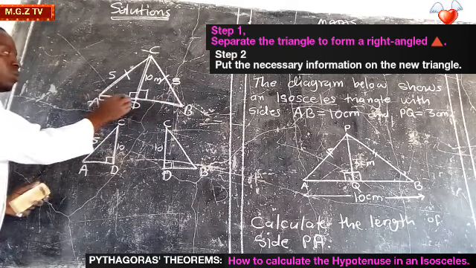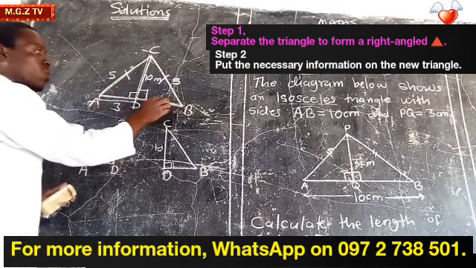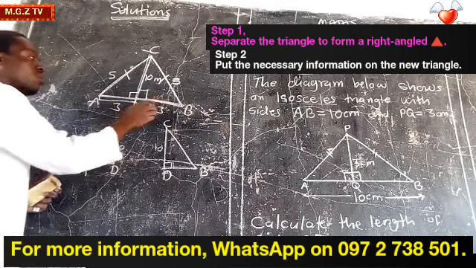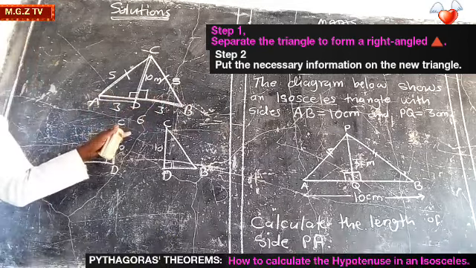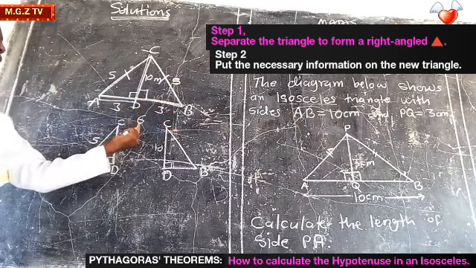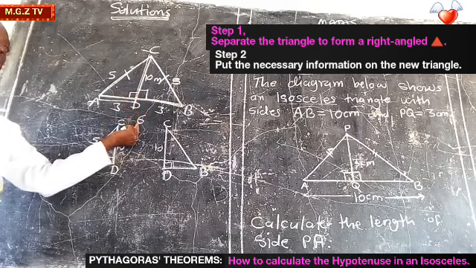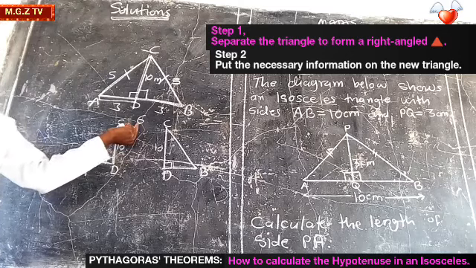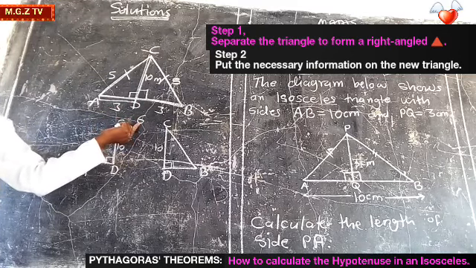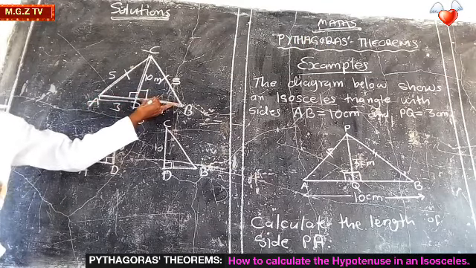So if from here to there you have 3, meaning from here to there also you have 3, then total is 6. Now if you are given from A to B as 6, what you do first? Divide the 6 by 2. So 6 divided by 2, you get 3. And 3 is for this side or this side.